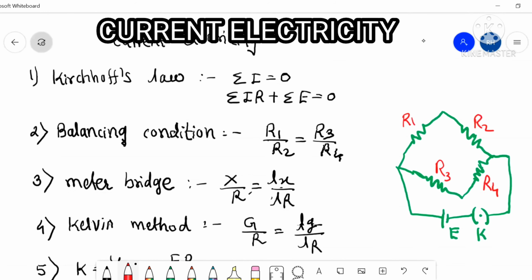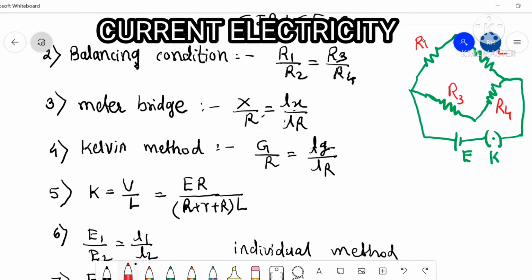If the problem is regarding Kirchhoff's law, then you can recall the formulas of it. If the problem is the meter bridge or Wheatstone bridge or Kelvin's method, then you can remember this bridge type of network.